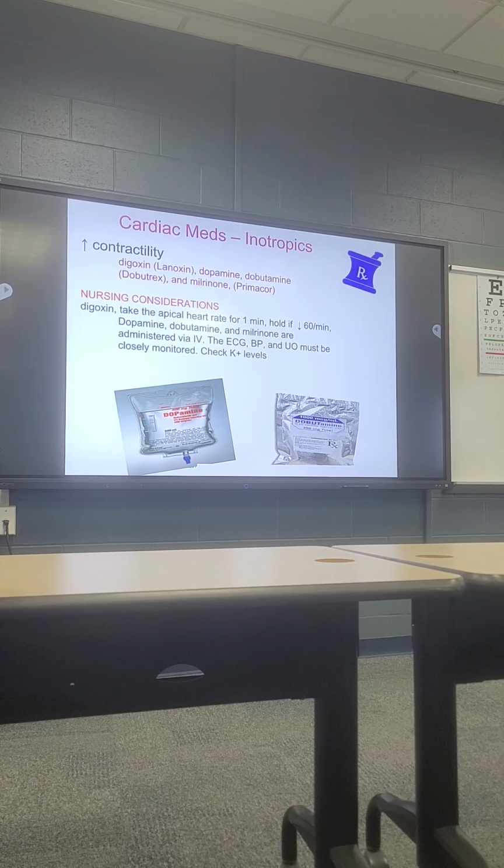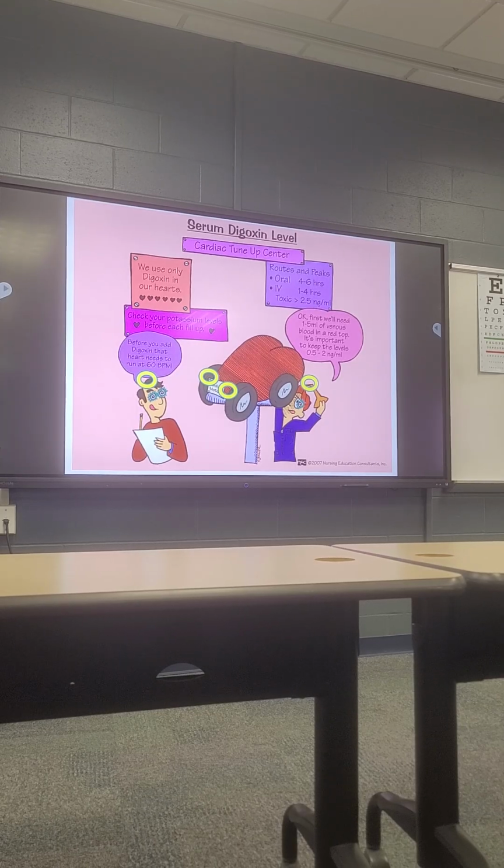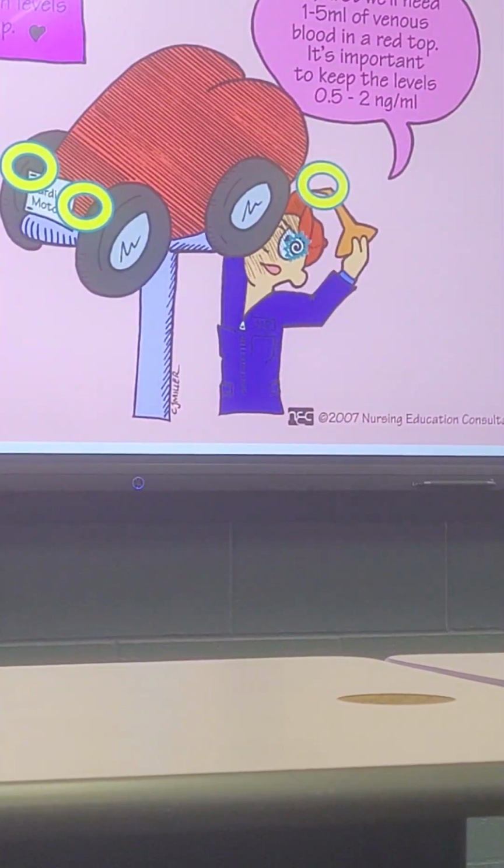So that's why we look at digoxin and your potassium levels together. A medical emergency is considered for dig toxic levels above 2.0. Symptoms are seeing halos around lights, feeling dizzy, and bradycardia.